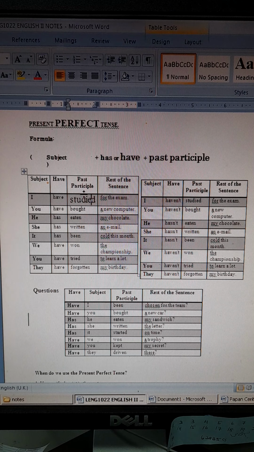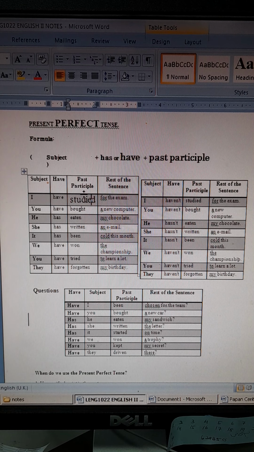It comes from the word study, S-T-U-D-Y, which is a regular verb. The past participle form of study is with ed. You have to remove the letter y and add the suffix ed. Studied. So the correct present perfect sentence will be I have studied, and you complete the rest of the sentence, for the exams, for my test, and so on.